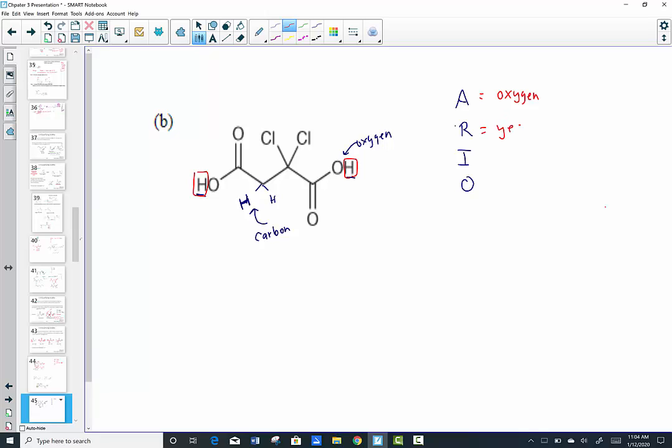So that leaves us to I. The only next letter I have to make our decision is the inductive effect. Which one is closer? Which oxygen is actually closer to the highly electronegative chlorines that would help to stabilize the next door electric charge?